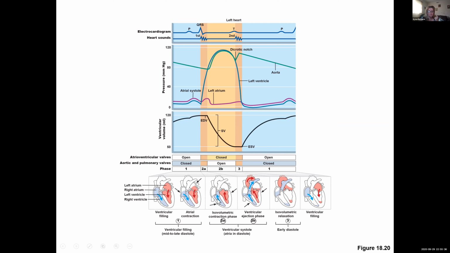So, look, the ventricle contracts, but you do not eject blood yet. It's kind of like the pre-ejection phase. So it's isovolumetric contraction, and this is the time when all 4 valves are closed.